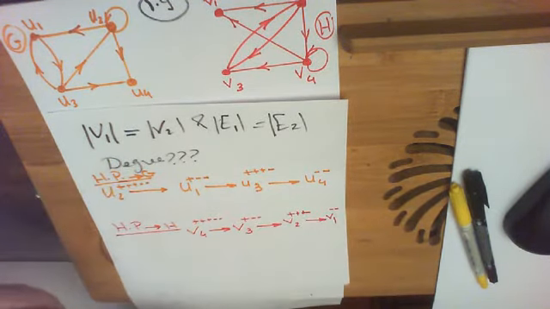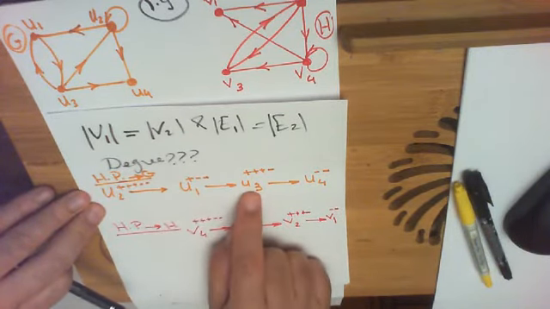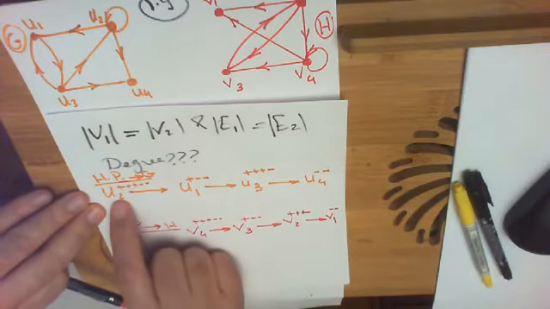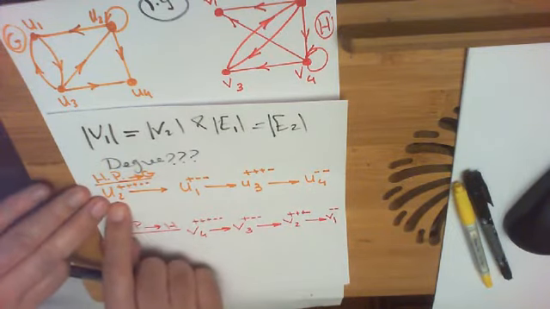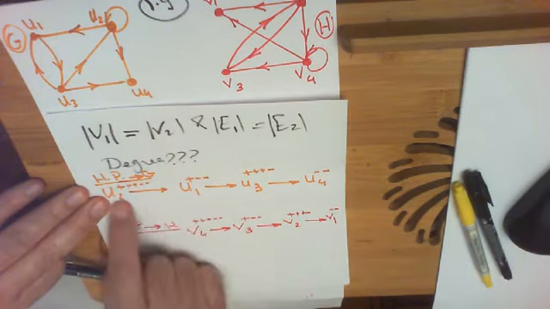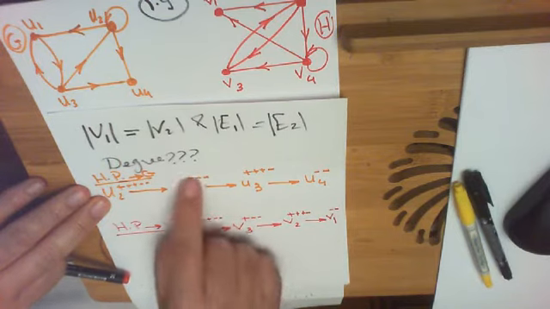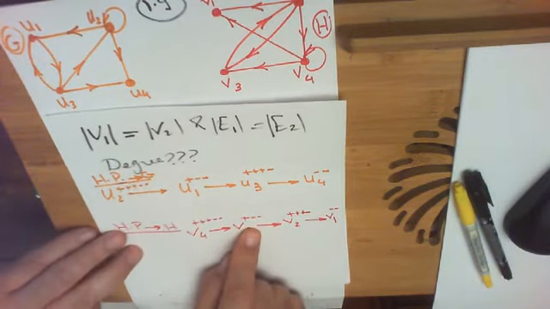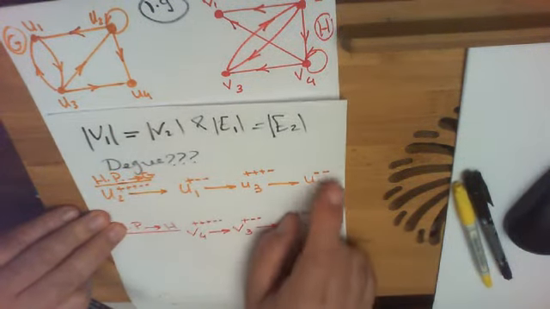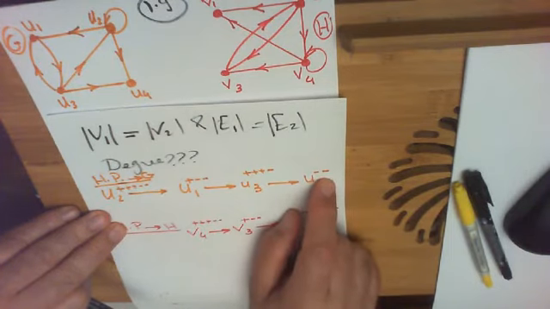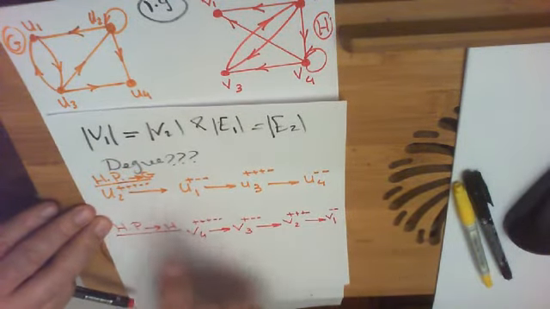Now, the degrees match one by one: yes, the same, yes, the same. So the sequence equals the sequence, and the degrees are the degrees.